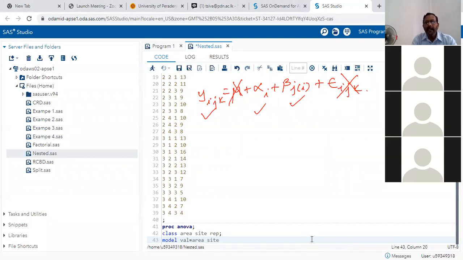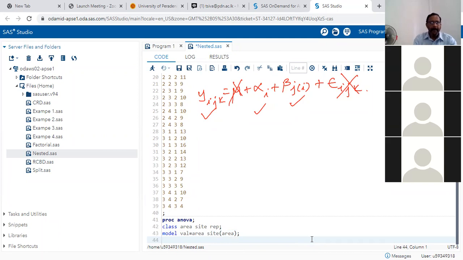Look very carefully. Site is within what? Area. So I will put it as AREA. In the model, you cannot simply write site. If you simply write it, it will give some other type of sum of squares. So site within the area, then only the computer will calculate. Those are the only components that we need to write.